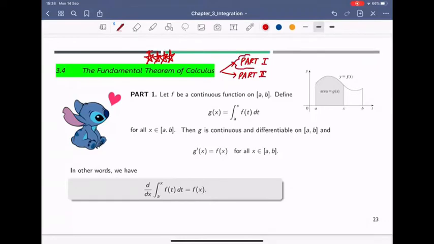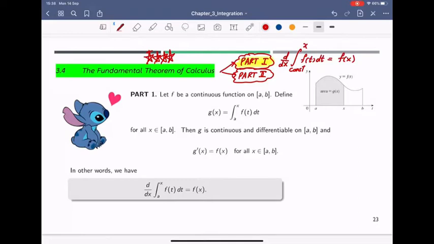Today, at least, we're going to go over part 1. Part 1 says that if we differentiate the integral from a constant to x of f(t) dt, it's going to go back to f(x). This is the fundamental theorem part 1.